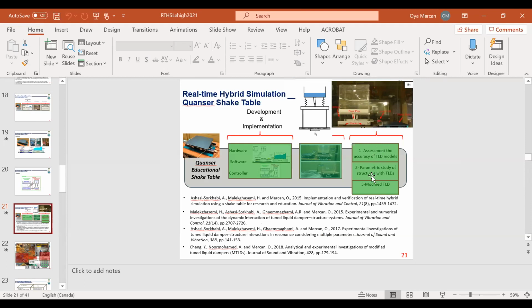So the comparisons are done among each other. We didn't go back and compare it to a real life structure, but the scaling could be done.